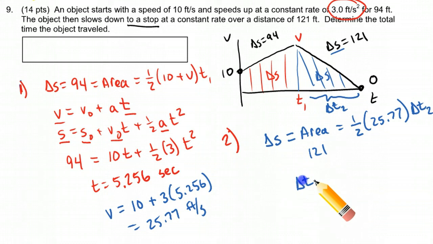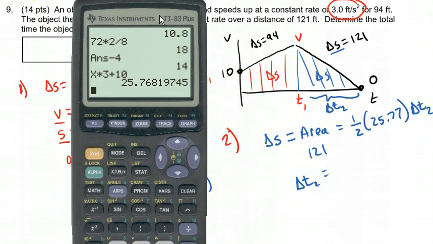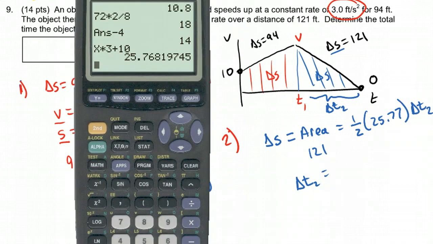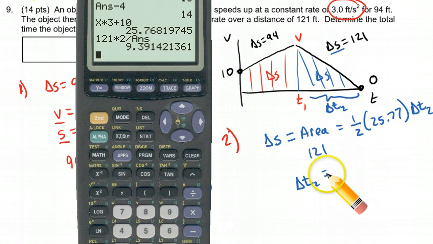So solving for delta T2, 25.77 was my previous answer. So I'm going to do 121 times 2 divided by my previous answer. And that gives me 9.39.